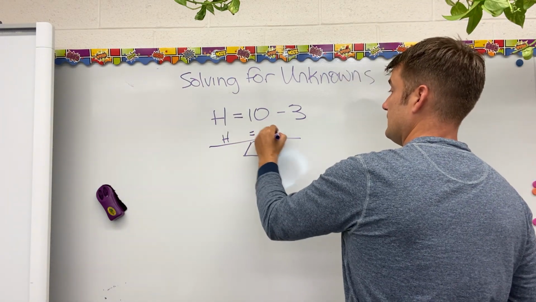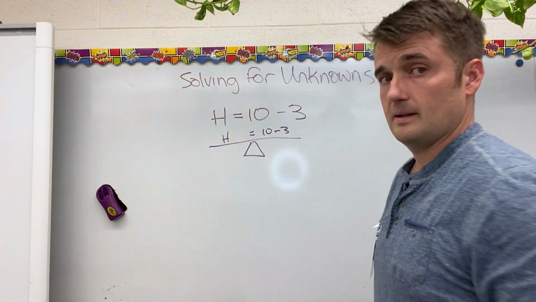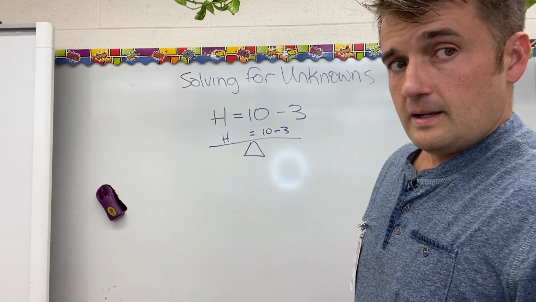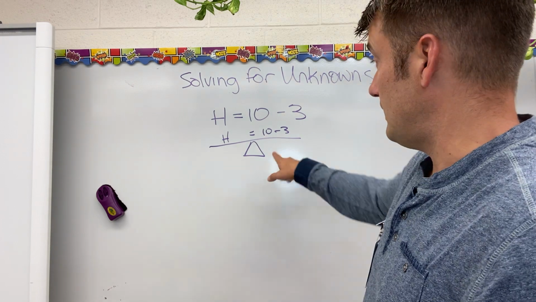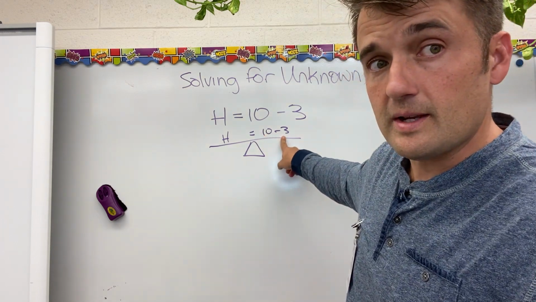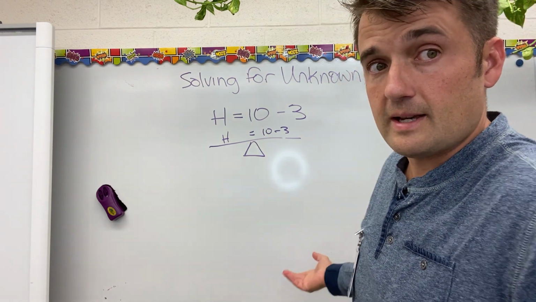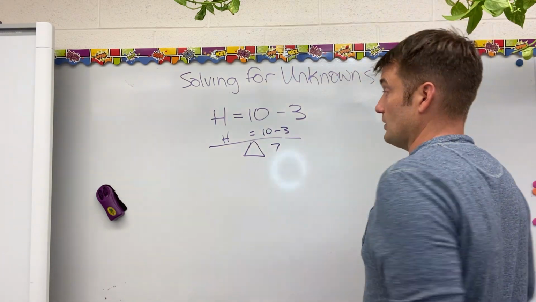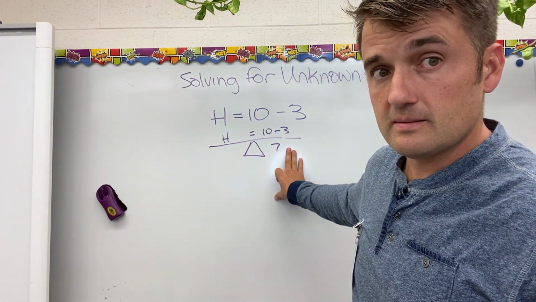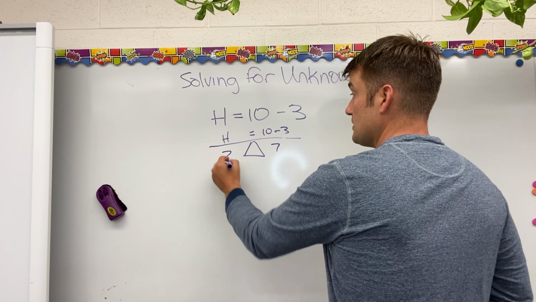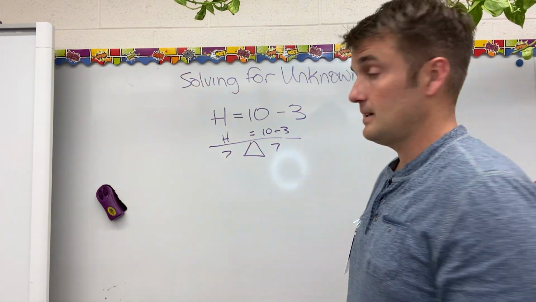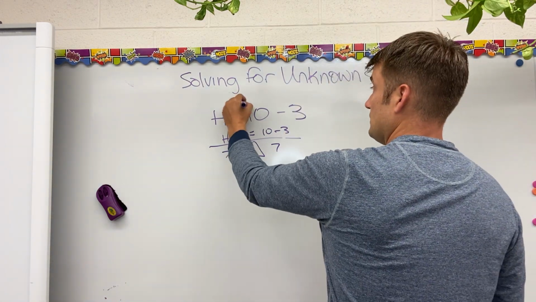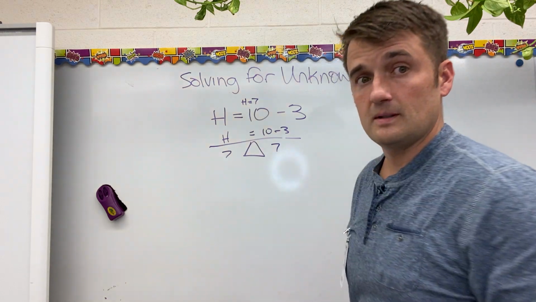Equals 10 minus 3. So I can figure out what 10 minus 3 is, right? 10 minus 3 is 7. So if this side of the equation is 7, this side of the equation has to also be 7. H equals 7. Okay?